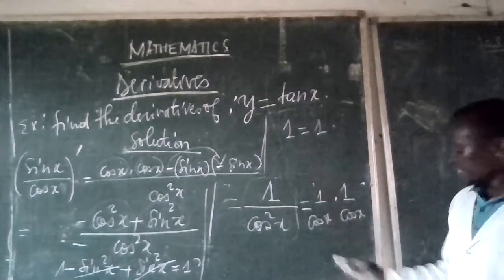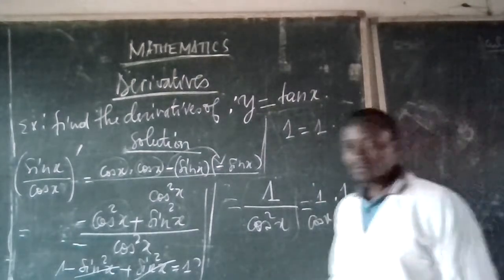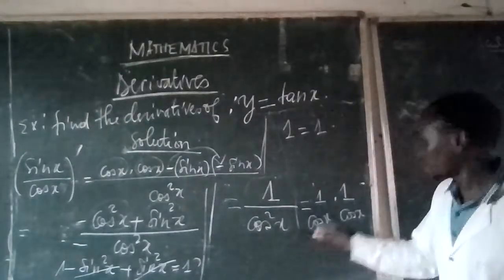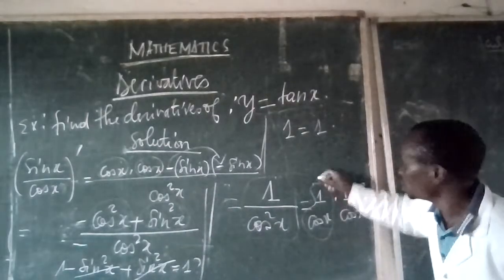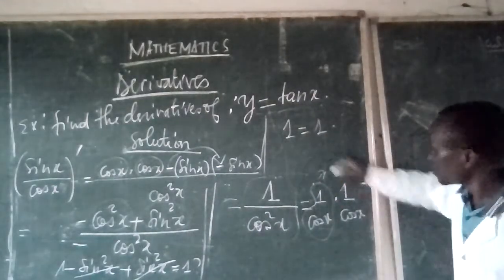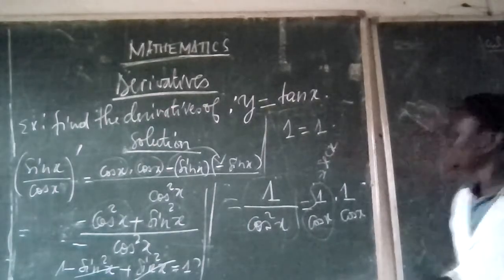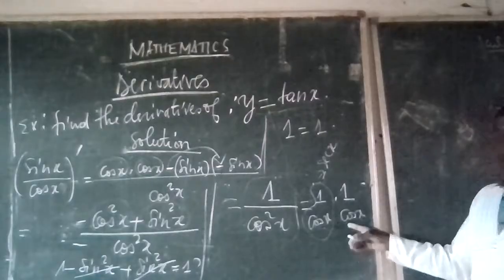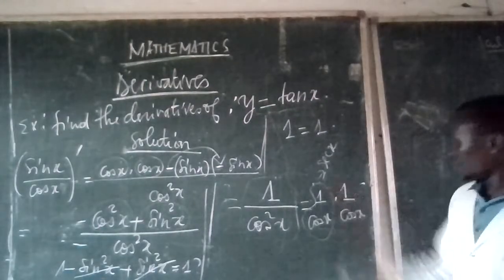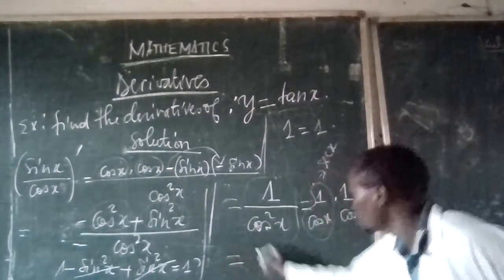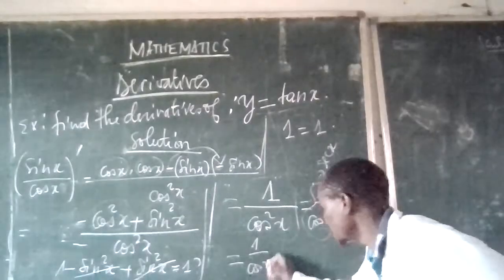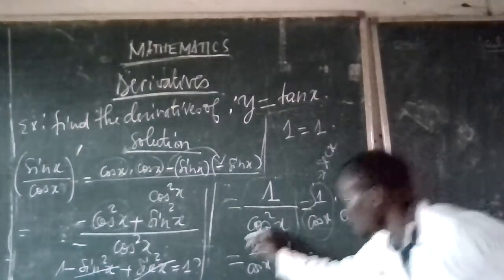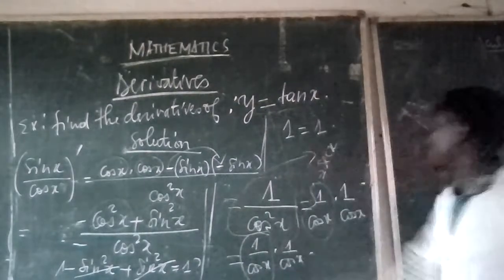Now, in mathematics or in trigonometric relations, if you have that one, this term is equal to sec x. Secant, right? Sec x. Or as we have it here, it should be 1 over cosine x times 1 over cosine x, where this term is equal to secant x.